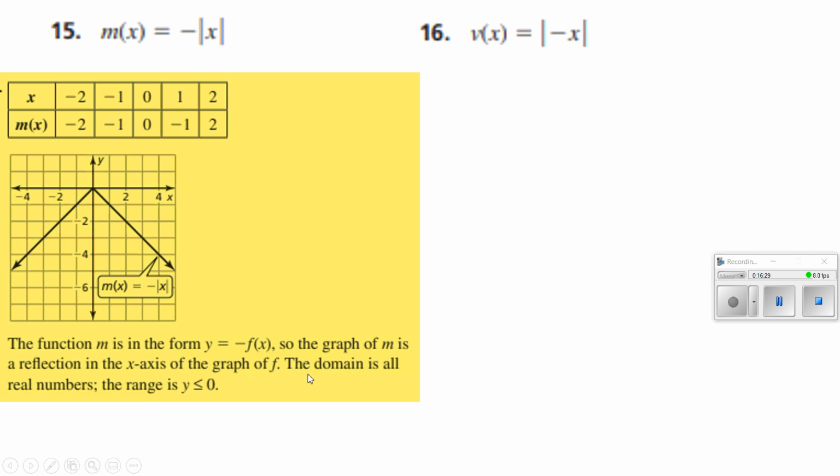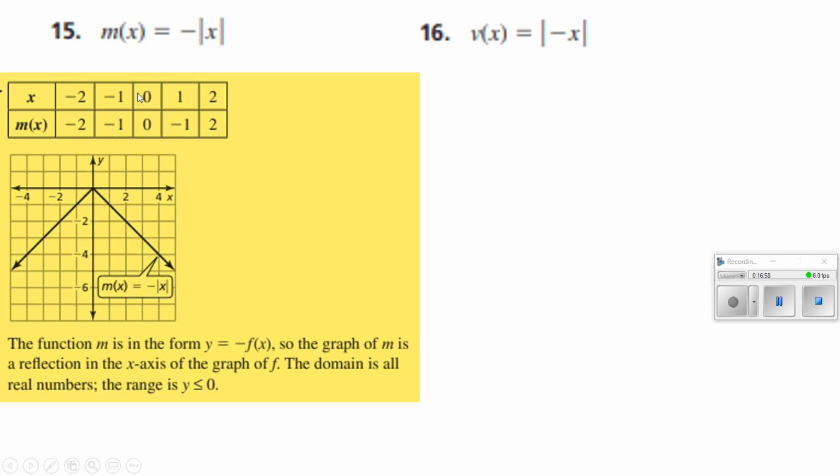So it says the domain is all the real numbers, and the range is y is going to be less than or equal to 0. Okay? Remember, y is what's going to change here, right? Actually, y is going to stay negative. So we're having the opposite of y.